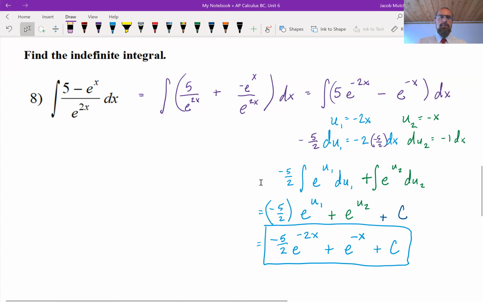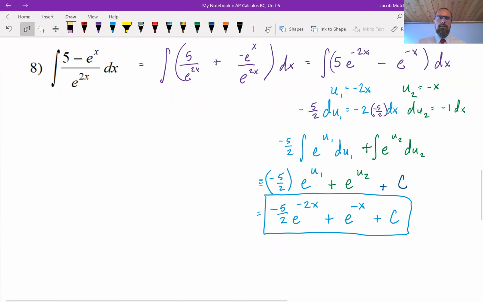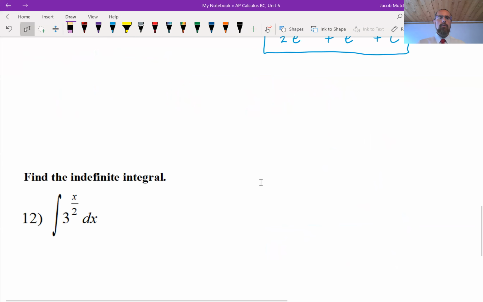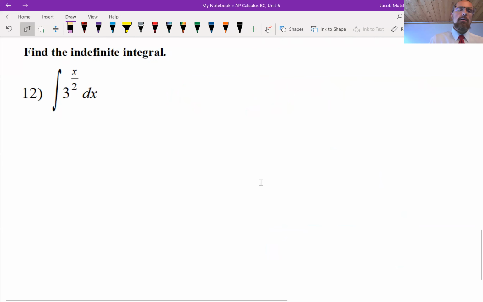Our last example is another exponential with base 3. Here we want to integrate 3 to the power of x over 2 dx. The substitution I want to make for this one, again, is the power. I'm going to call u x divided by 2. So we'll find the derivative of that.